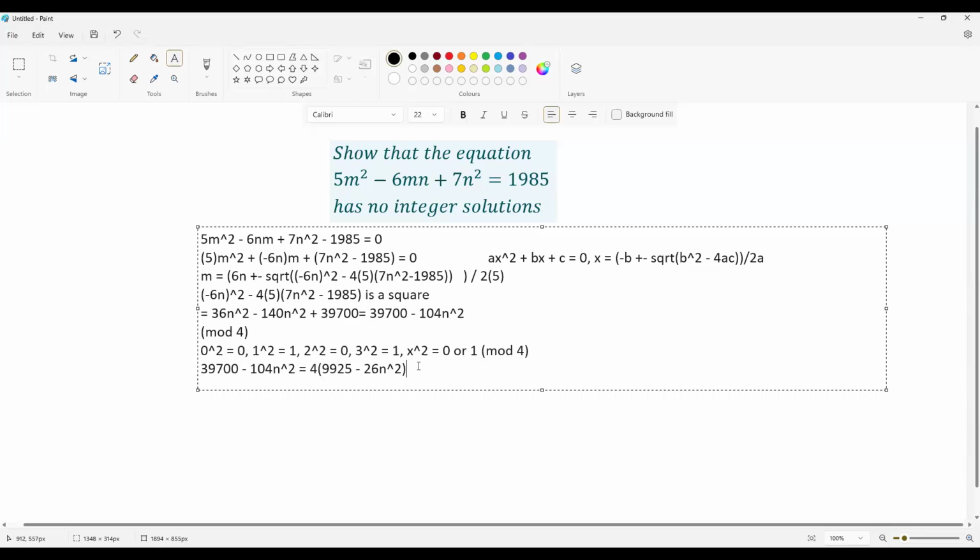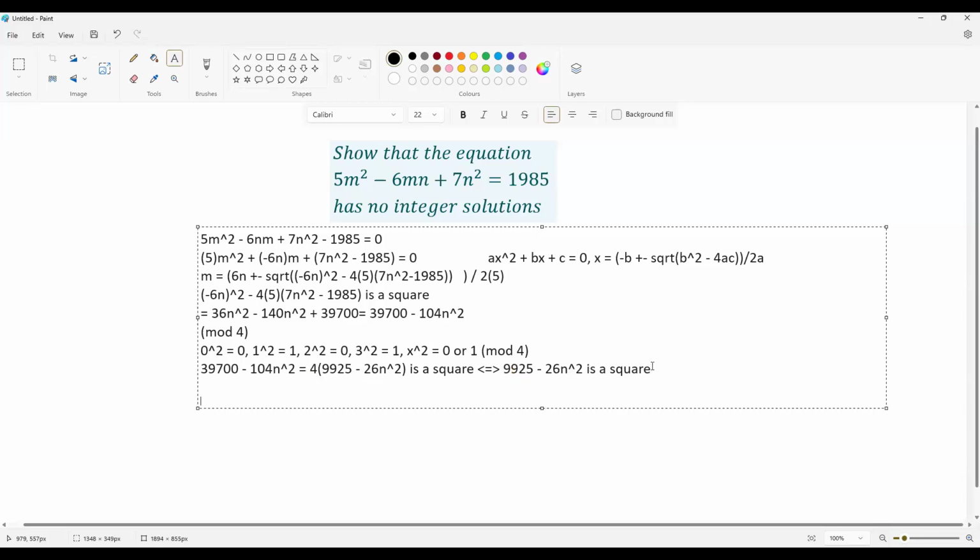So that is a square if and only if 9925 minus 26n squared is a square, because 4 is a square, and if we divide a square by a square, it should still be a square. So now let's try some mods.